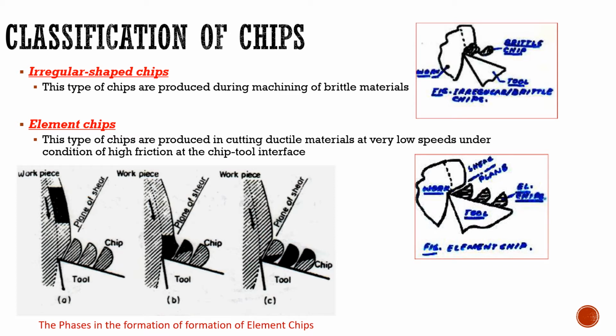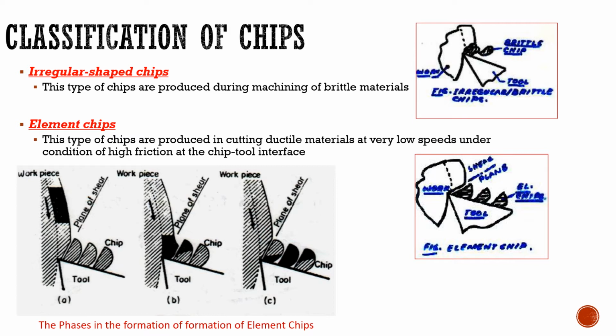For the irregular size and shape, the work materials are usually brittle materials like gray cast irons. And for the discontinuous regular size and shape, the work materials can be ductile type materials.